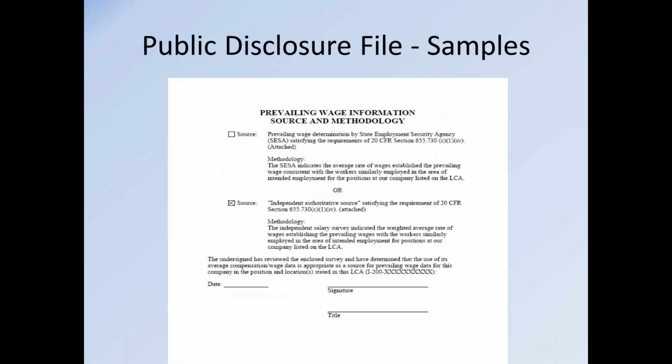And so what we do whenever we send our clients the draft LCA documents with the sample public disclosure file, the sample notice of filings for postings, and the other documents, we include a copy of the prevailing wage source information, a printout from the OFLC online data center, which then can be put behind this memo and inserted into the public disclosure file.